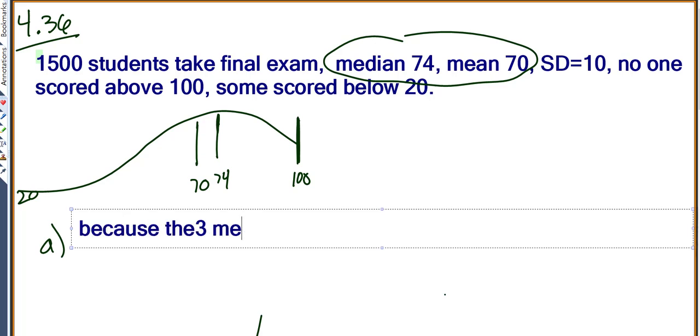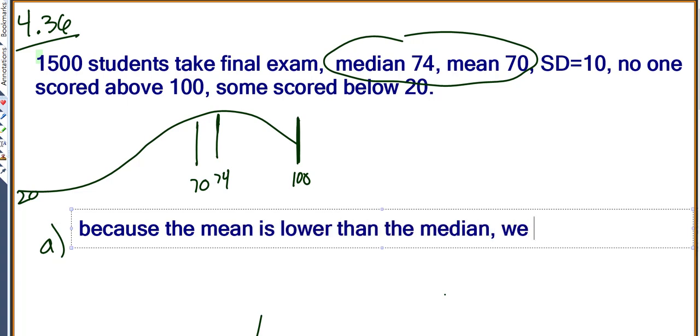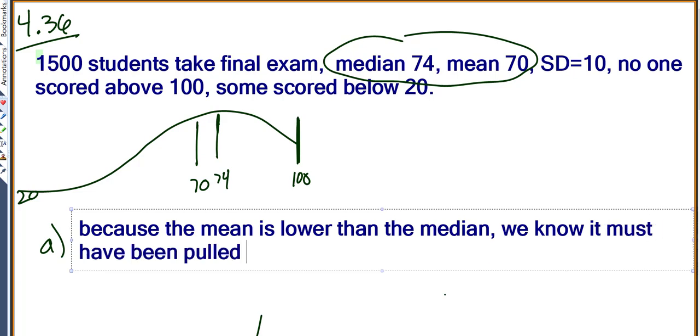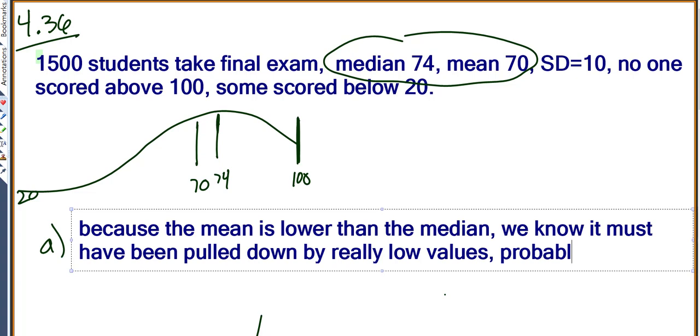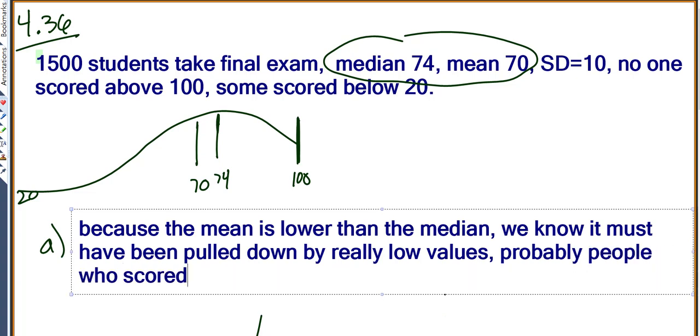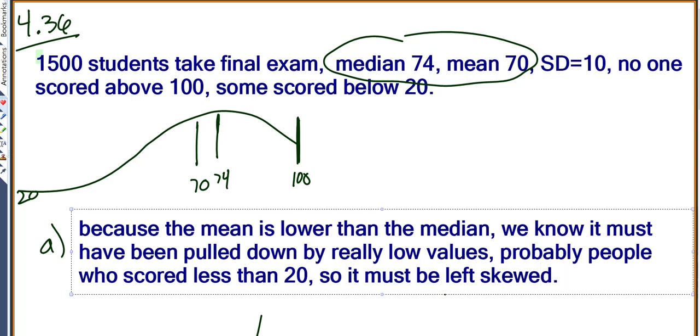So because the mean is lower than the median, we know it must have been pulled down by really low values, probably the people that scored less than 20, or including those people that scored less than 20. So it must be left skewed. So anytime your median is greater than your mean, that means it was probably going to be left skewed.